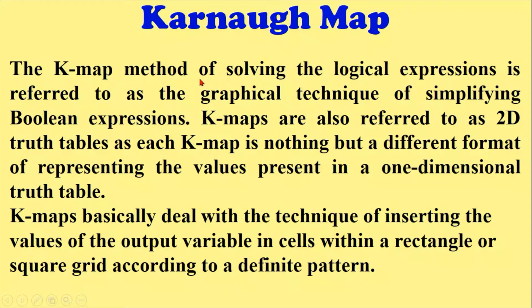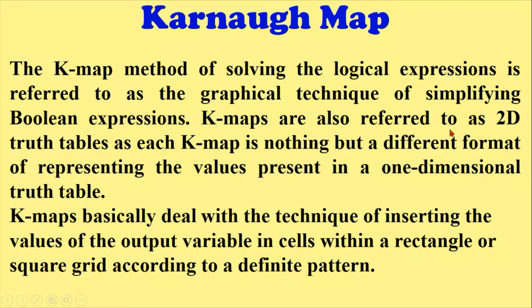The Karnaugh map method of solving the logical expression is referred to as the graphical technique of simplifying Boolean expression. Means it's a graphical technique to simplify Boolean expression. K-map is short for Karnaugh map.